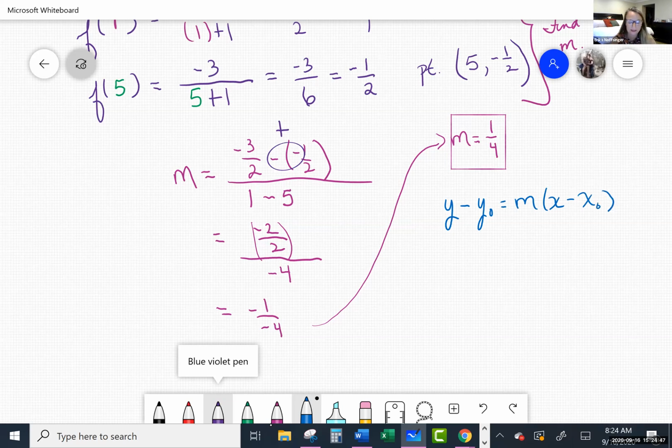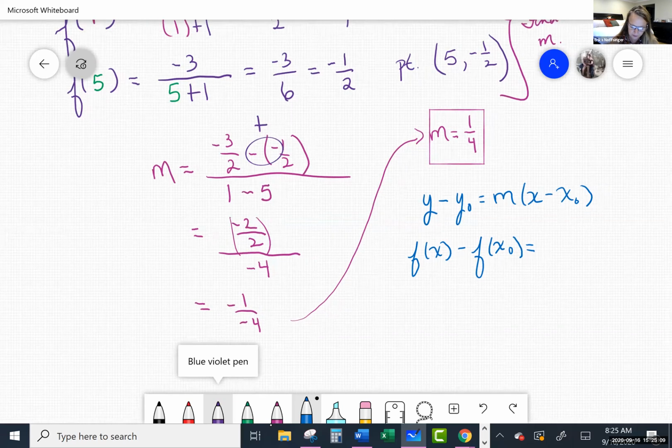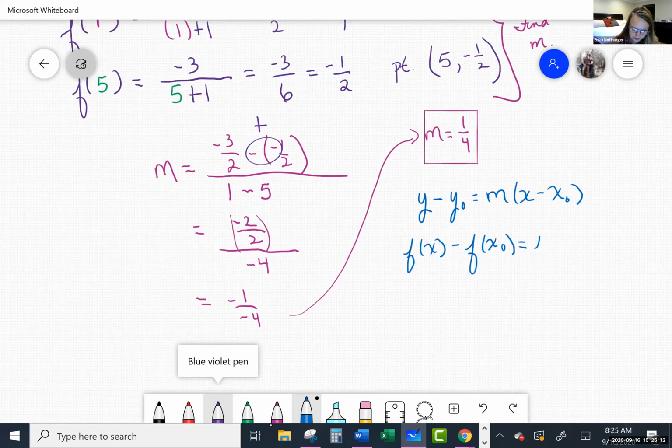Y is just another way to say our function f of x. So f of x minus f of x naught is equal to, well, our slope is actually equal to the derivative of our function, so f prime of x sub 0, all times x minus x sub 0.